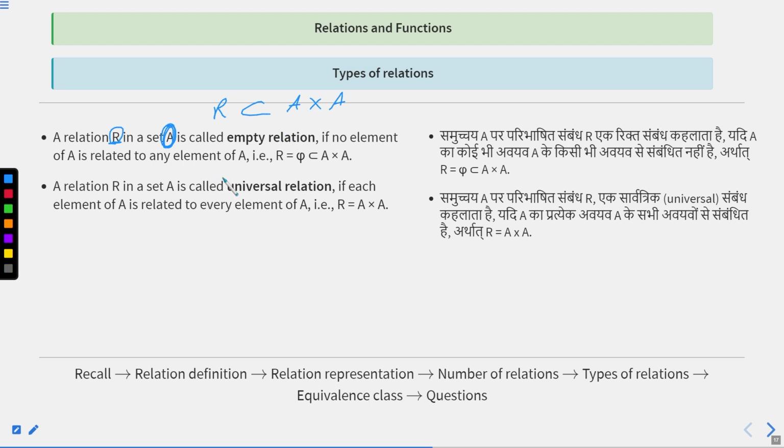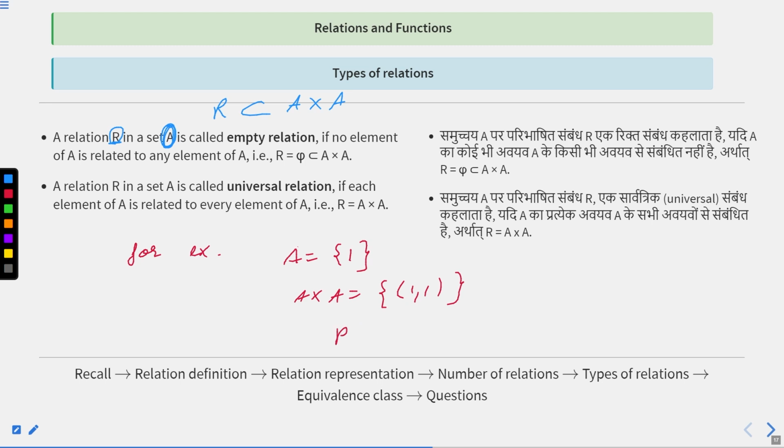In other words, for example, say A is just the element 1, then A cross A will be (1, 1), that's it.